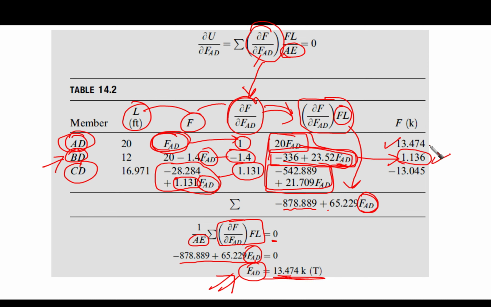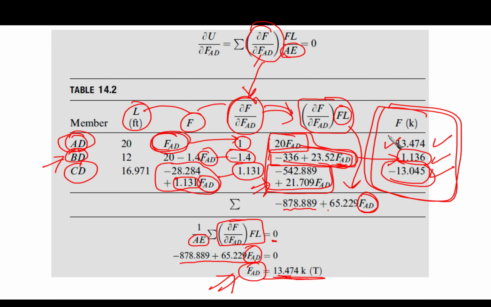This is the second one. The third one, similarly, we can substitute in this expression and obtain the force inside member CD, which is minus 13.045. So we obtained all the forces in our truss members.